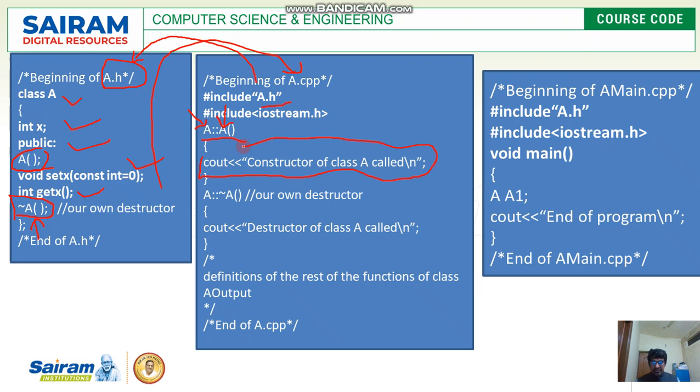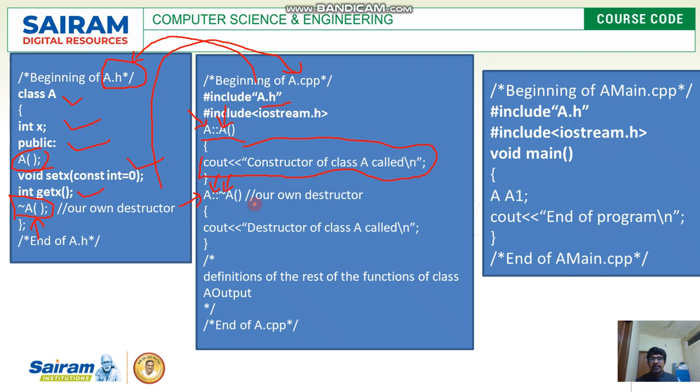Now look at the destructor part, what it does. Not only the constructor, even the destructor also we have to define. We have defined it the same way as the constructor. A is the class name, then the scope resolution operator, and before the constructor name we just give the tilde operator, indicating this is a destructor.